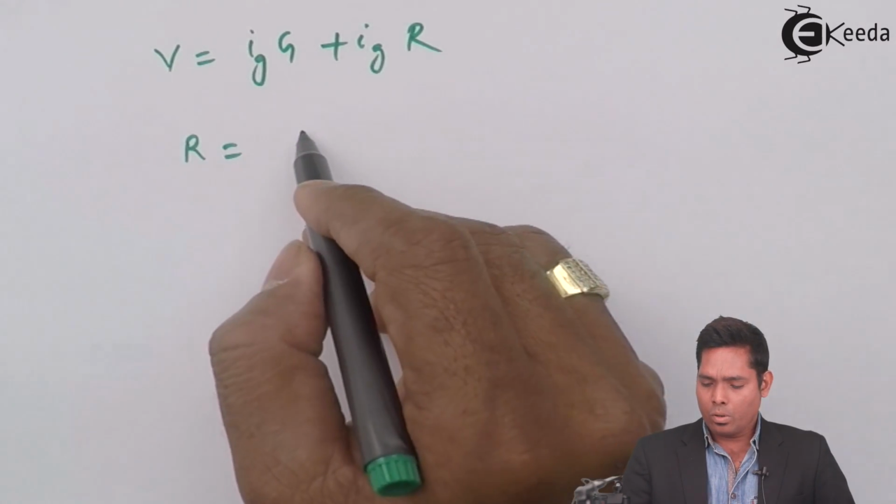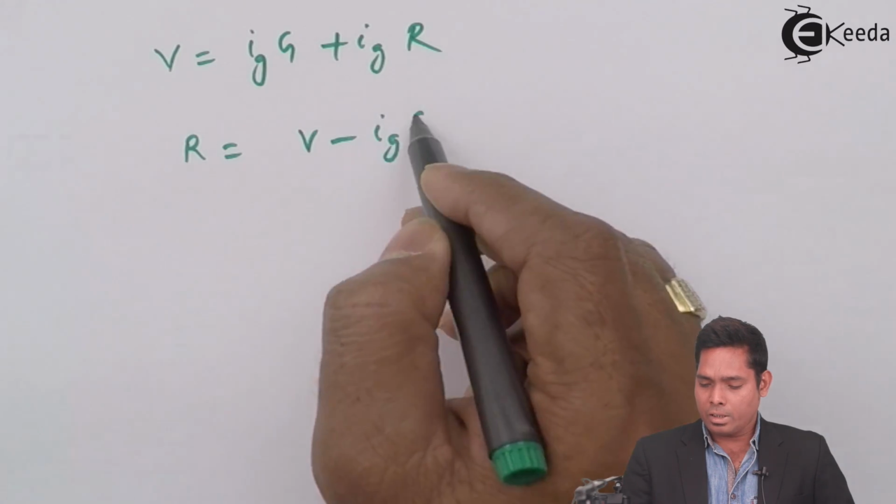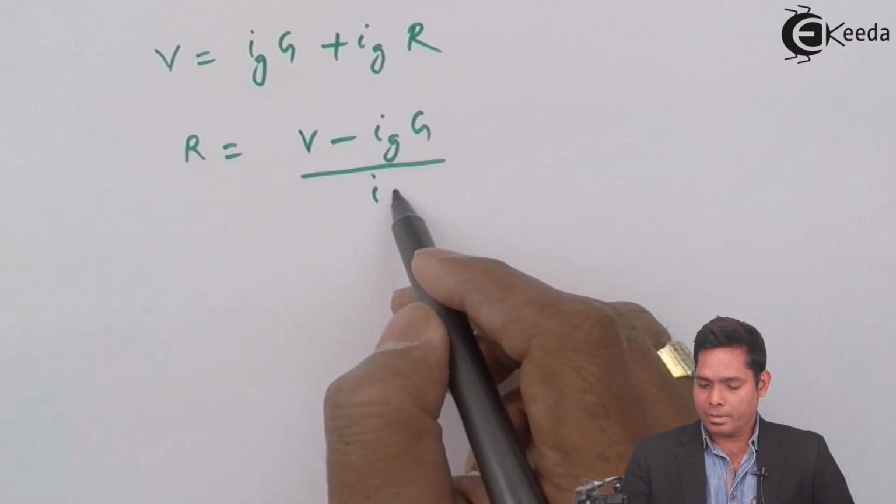R equals V minus Ig into G divided by Ig.